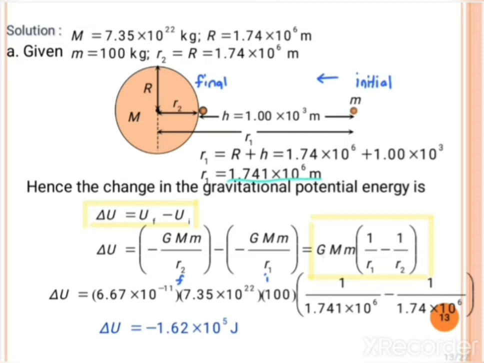The value for G is the gravitational constant, which was given. M is the mass of moon, capital M, and small m is the mass of the probe. R initial is 1.741 times 10 power of 6. R final, because it dropped on the moon surface, becomes the radius of moon, 1.74 times 10 power of 6. So delta U equals negative 1.62 times 10 power of 5 joule.